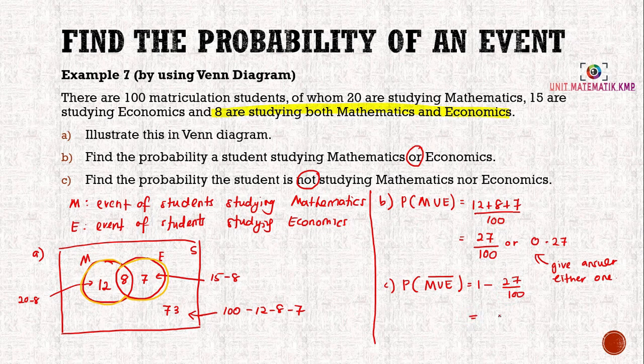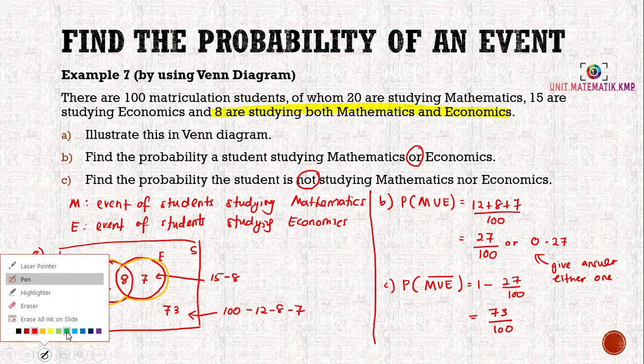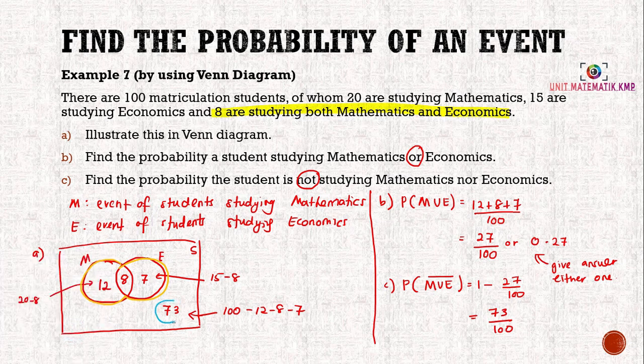So you get the answer 73 over 100. This is by using the formula. If you look at your Venn diagram, we can see that the 73 here is the students who are studying neither mathematics nor economics.